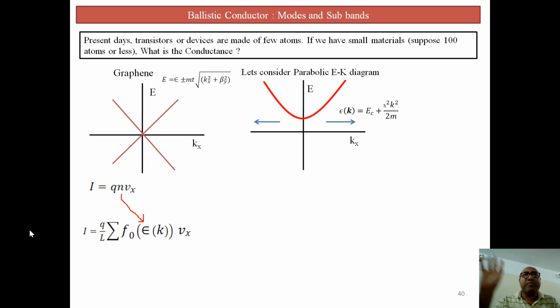If it is three-dimensional, the number of electrons divided by volume. So that's L.